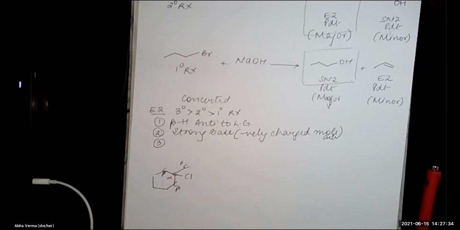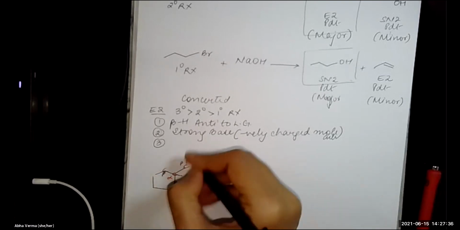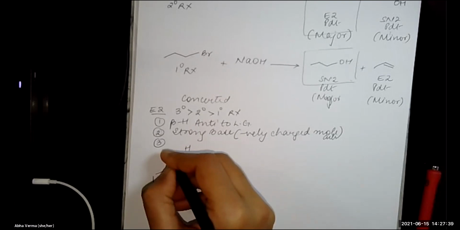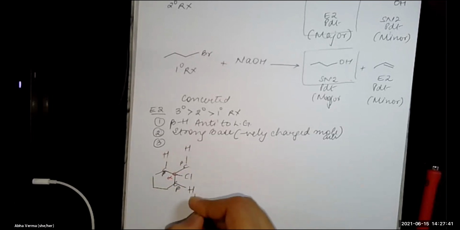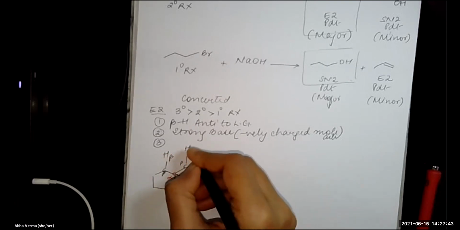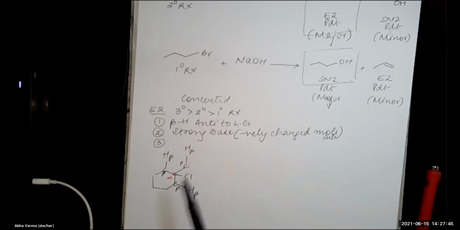Okay. All the hydrogens on these carbons are my beta hydrogens. And I don't know which is going to be anti. I'm just going to assume that all of them are in my anti location because I did not give you any other groups or any other information about it.